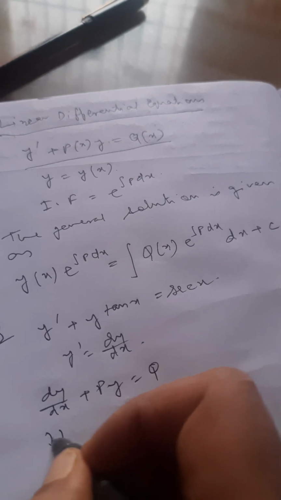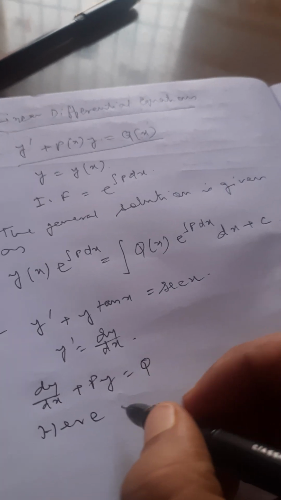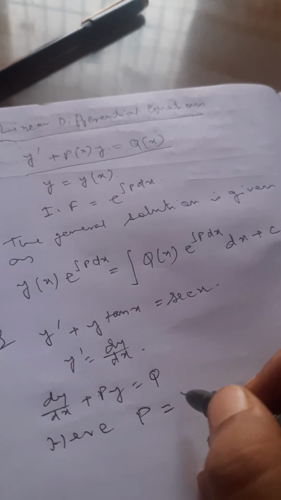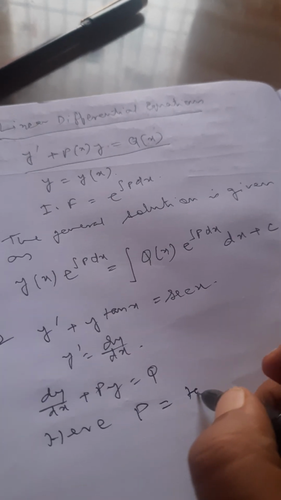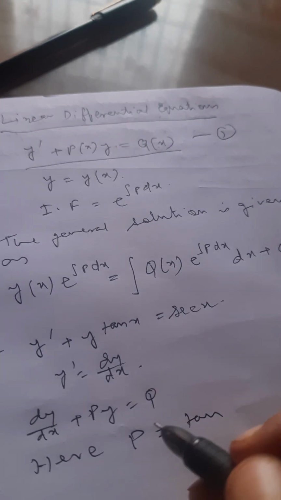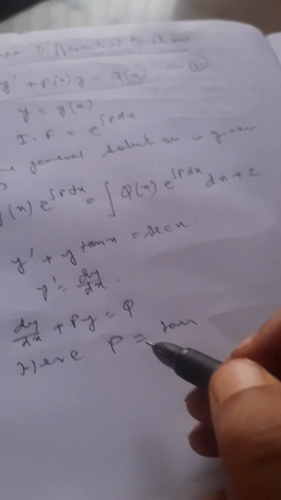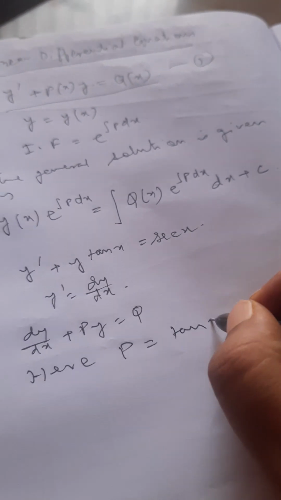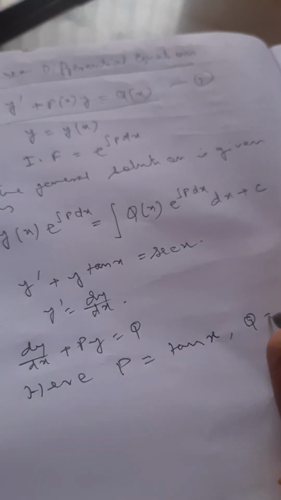So here, what is p? By comparing with equation 1, we get that p equals tan x and q equals sec x.